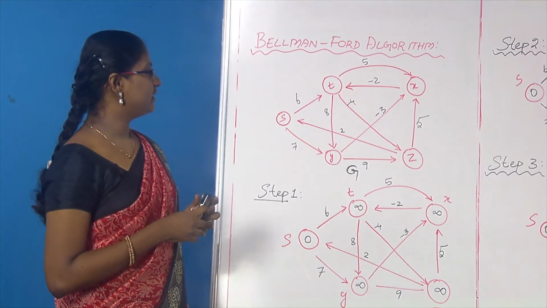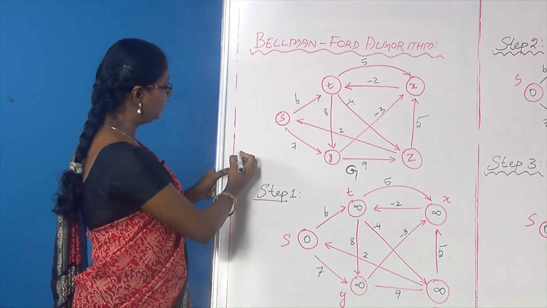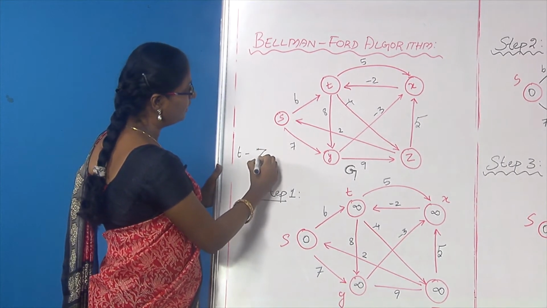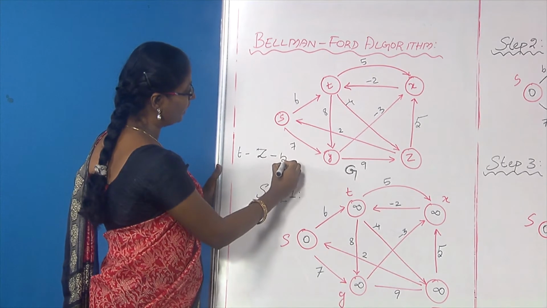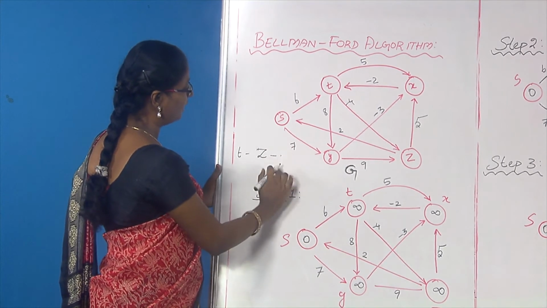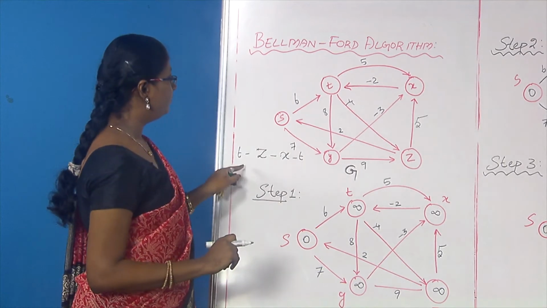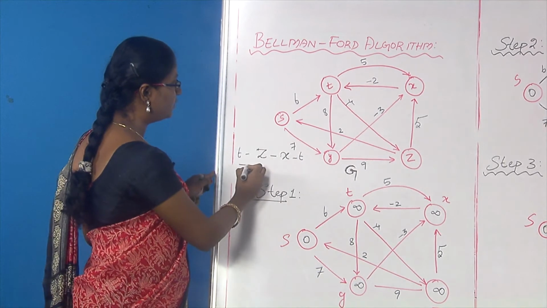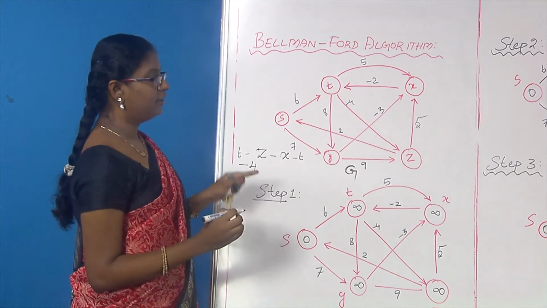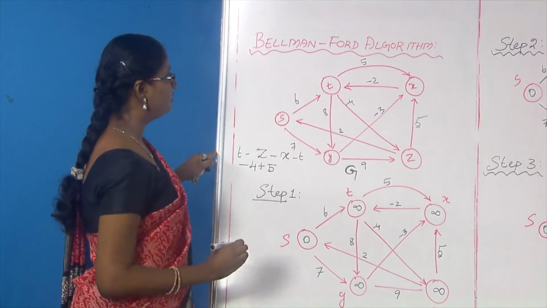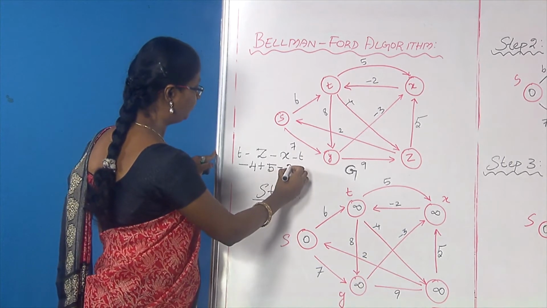If you consider the cycle starting from T, that is T to Z, Z to X and X to T. Consider this particular cycle. From T to Z the weight is minus 4, from Z to X the weight is 5, and from X to T the weight is minus 2.